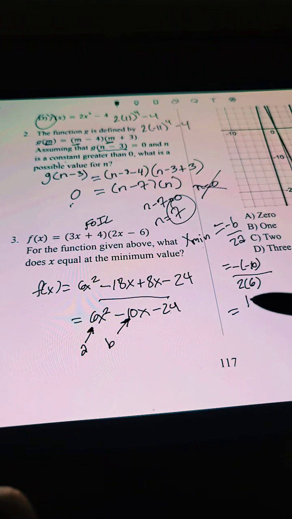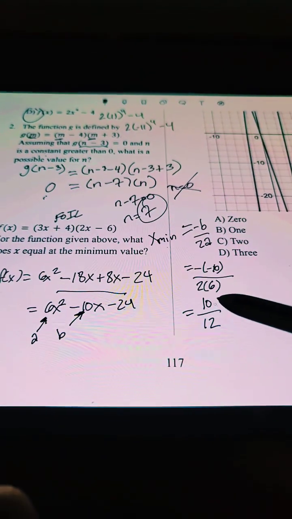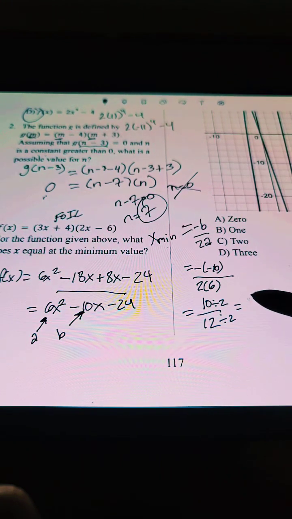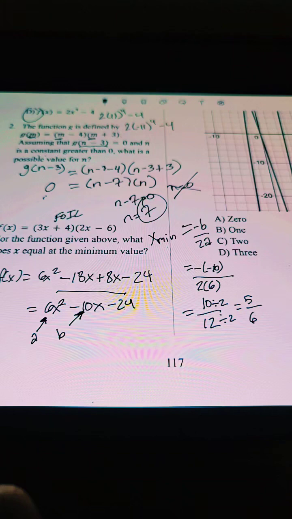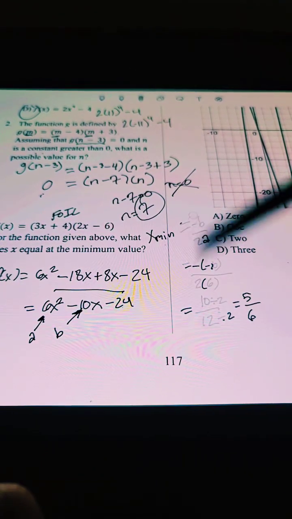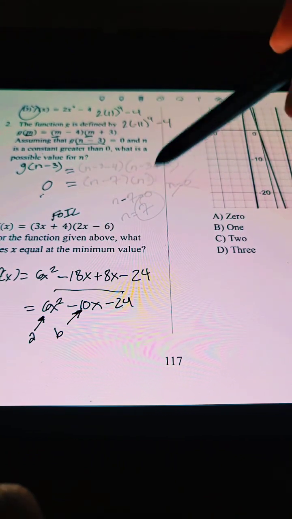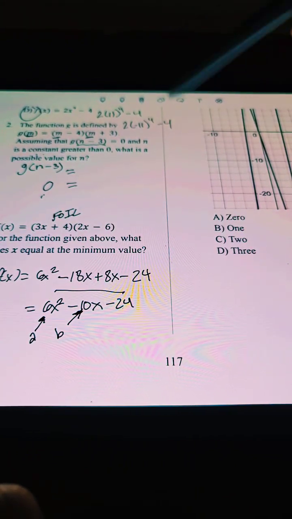Negative of a negative is a positive, so this is really 10 over 12. Then if I divide by the greatest common factor on top and bottom, I get 5/6 as my answer. So let me just erase that a little bit and we'll move on to the next question.